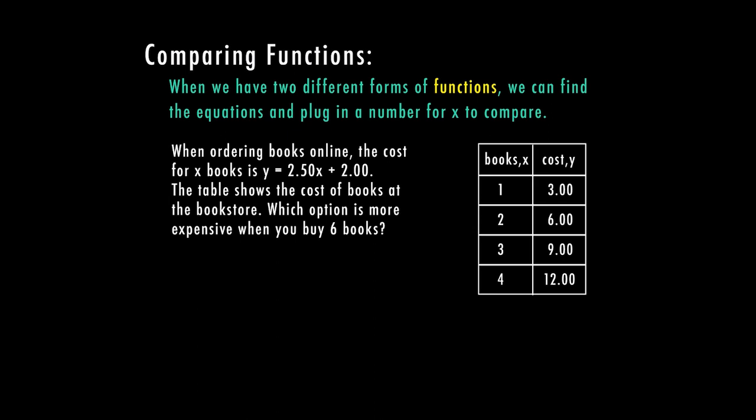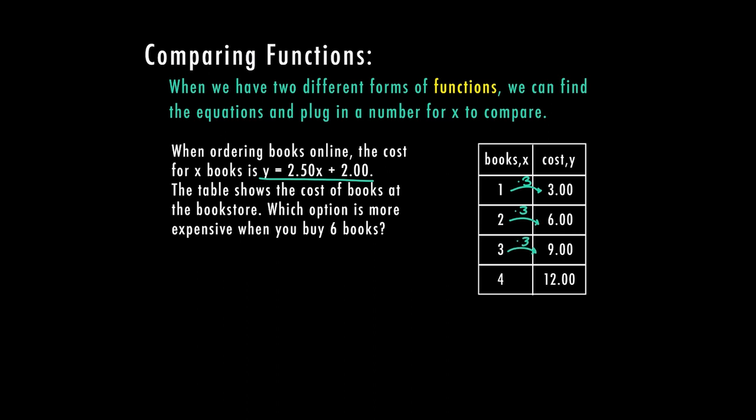So we need to figure out, first of all, what the equation is that goes with our table. We have the equation in our problem here, y equals 2.50 times x plus 2. And in the table here, we have 1 book is $3, 2 books is $6, 3 books is $9, and it's pretty quick to see that every time we are multiplying by 3.